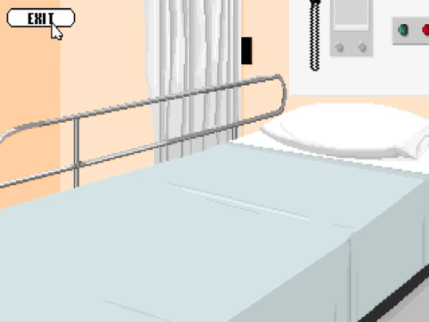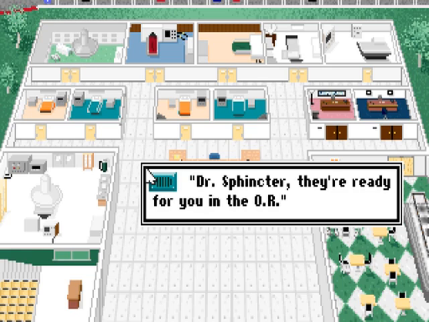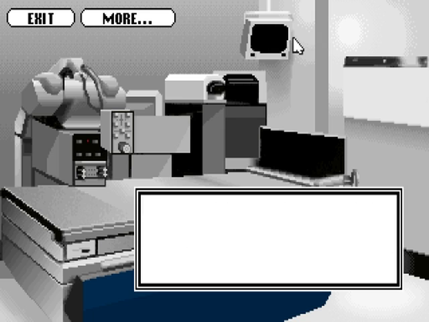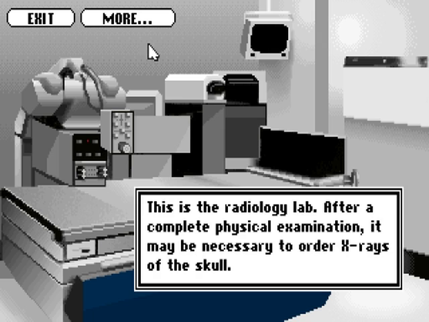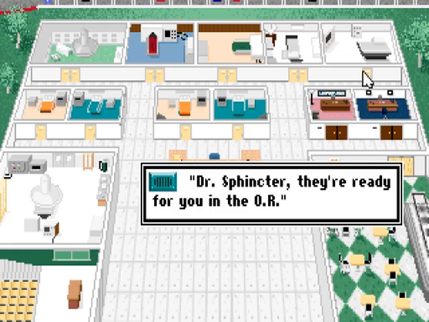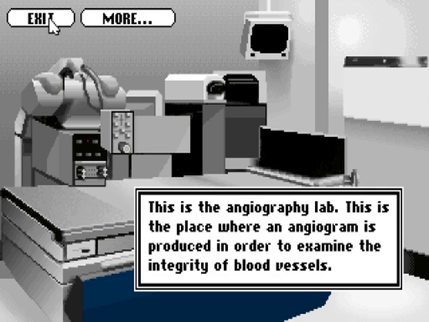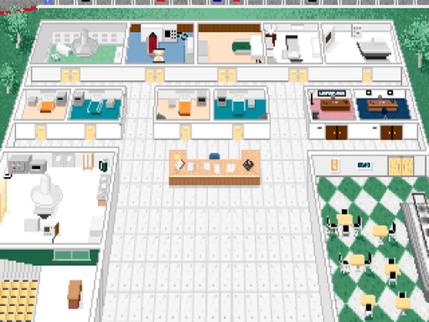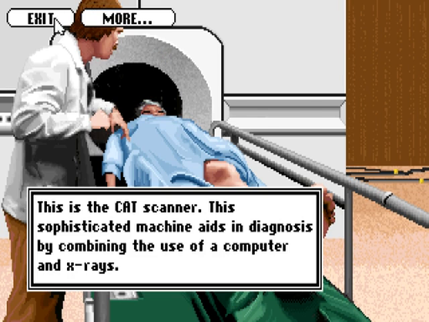He's not here. Oh, because they're ready for us in the OR, which is here. No, this is the radiology lab. Operating room is here. Yeah, it's fine.